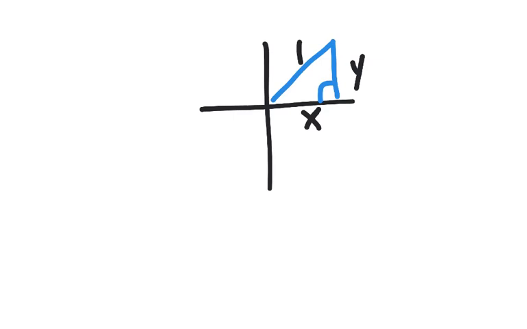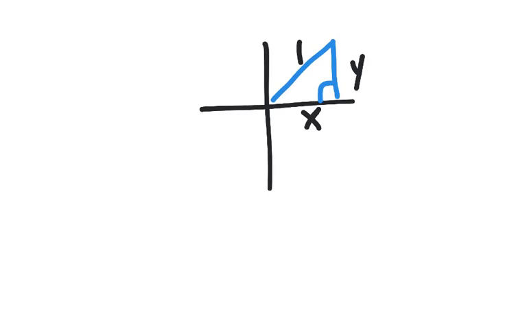I can't say a lot about this x value, but what can I say about it? Because of the quadrant I'm in, it's positive. The x value is positive because I went to the right. I can't say a lot about the y value, but what can I say? That it's positive. And the hypotenuse is a radius. The radius is always positive. It's never going to be negative, no matter where you draw it, because it's a distance on the unit circle.